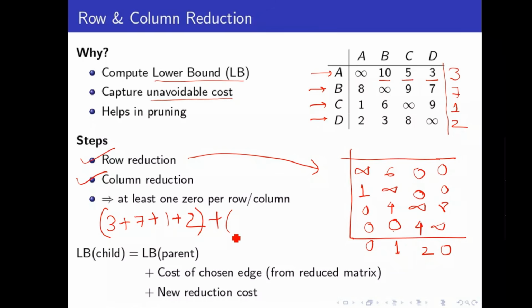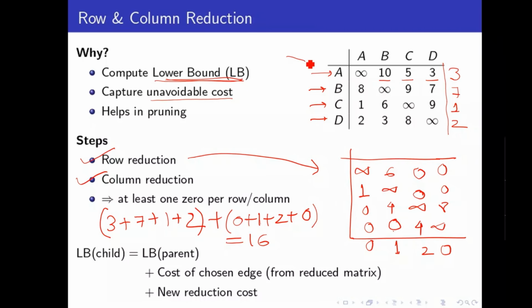And then we'll note down how much we reduced: 0 plus 1 plus 2 plus 0. So the total reduction is 10, 11, 13, 14, 16. Okay.